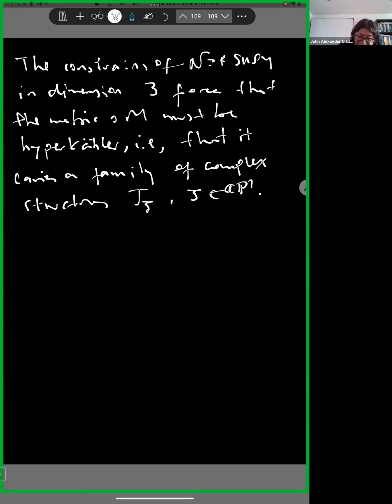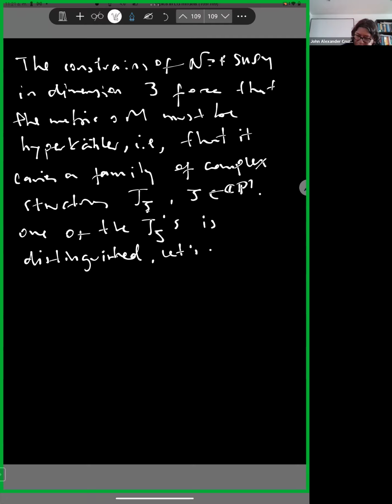But there is one which is actually distinguished. So one of the complex structures is distinguished, so let's denote it by J0.